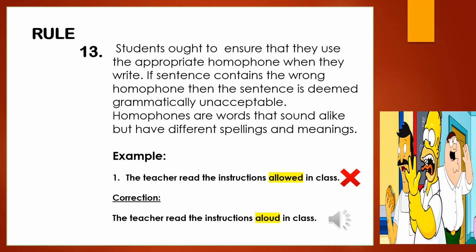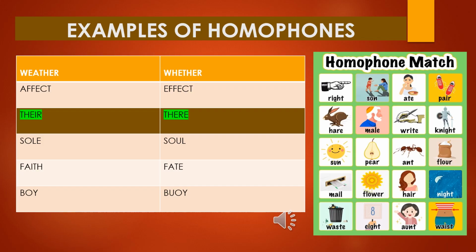Do you remember homophones? Examples of homophones: whether, WEATHER, and whether, WHETHER, affect, AFFECT, and effect, EFFECT, and their, THEIR, and THERE. And that is highlighted because this one proved to be problematic for some students.